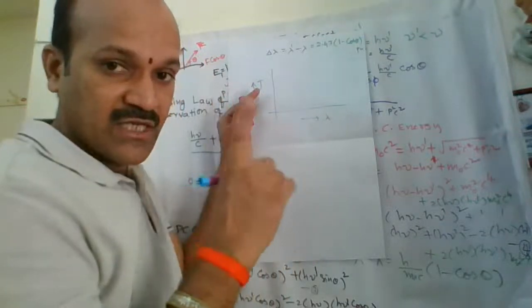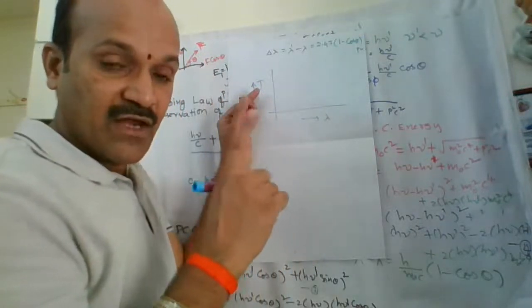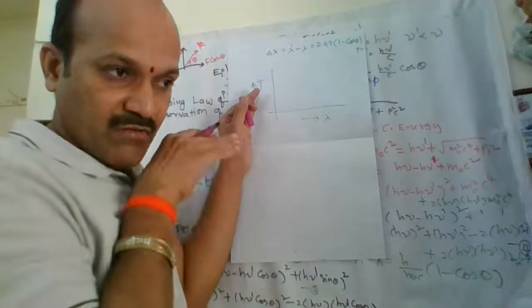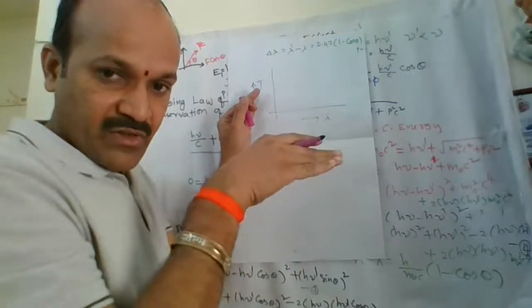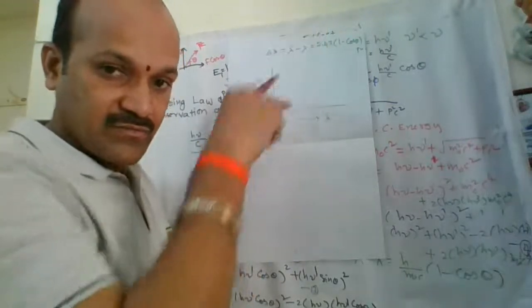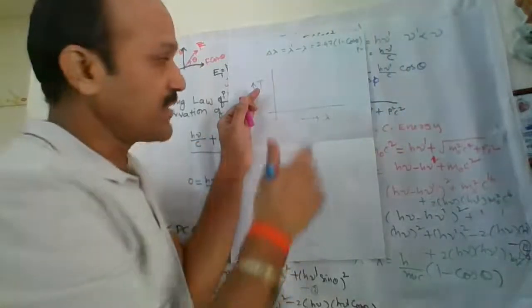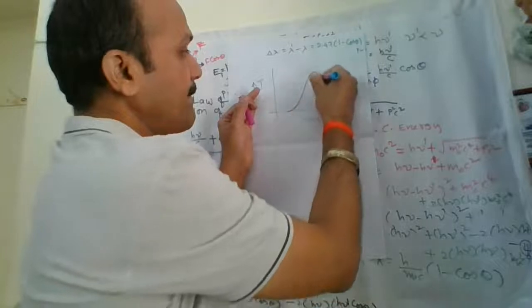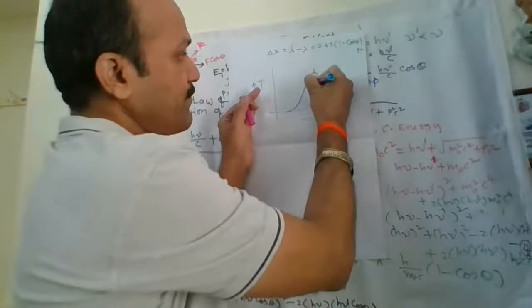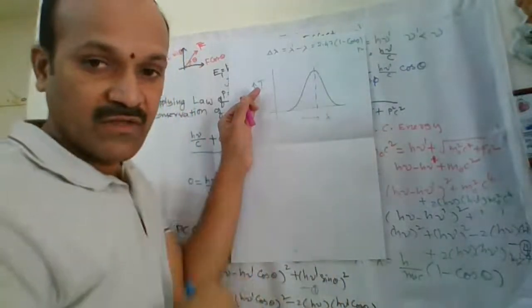Only a single wavelength value is there for the photon, because when it is incident, it is not scattered. Theta 0 means it is moving in the incident direction.